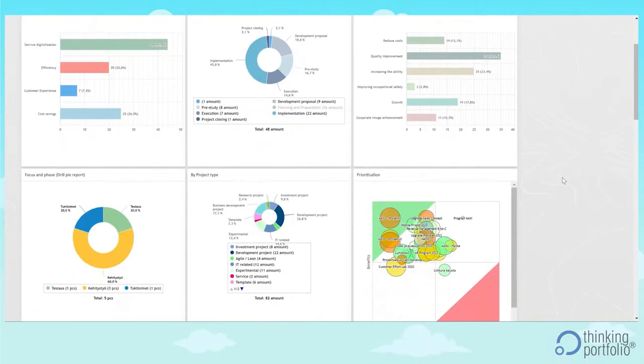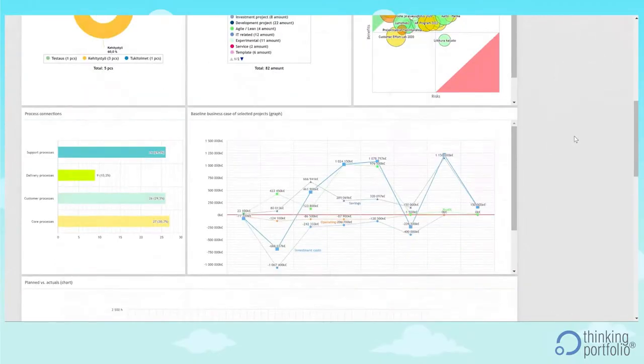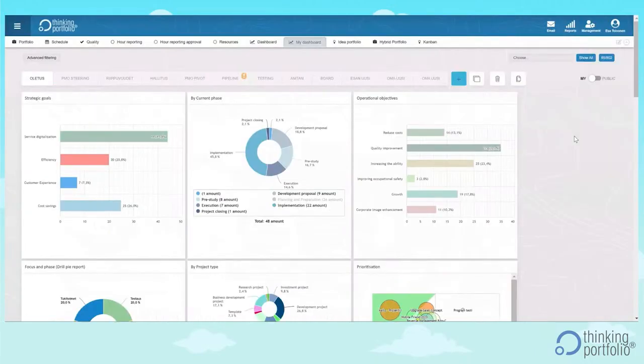They can be of different types, and there are lots of different templates to follow. Each report can be used as a separate report, or as a dashboard, or it can be taken out as a PDF or such.